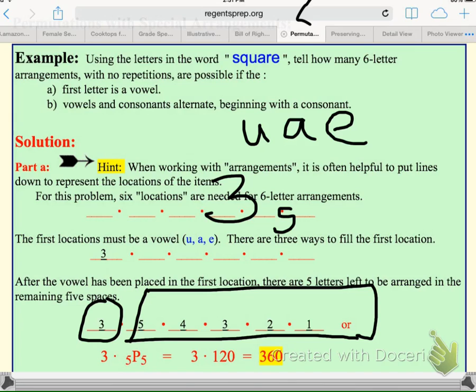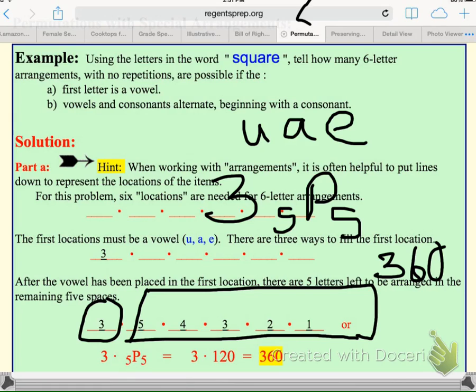You've got a 5, a P, and a 5. And so if you were doing that mathematically, your answer would be 360. So the answer to the question, how many 6-letter arrangements with no repetitions are possible, there's 360 of them.